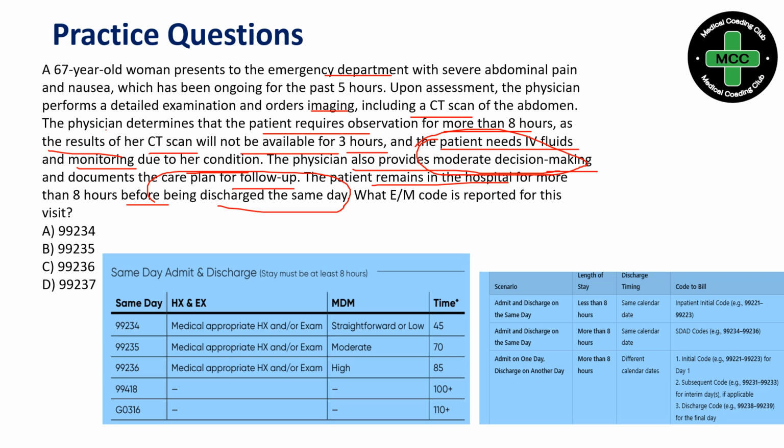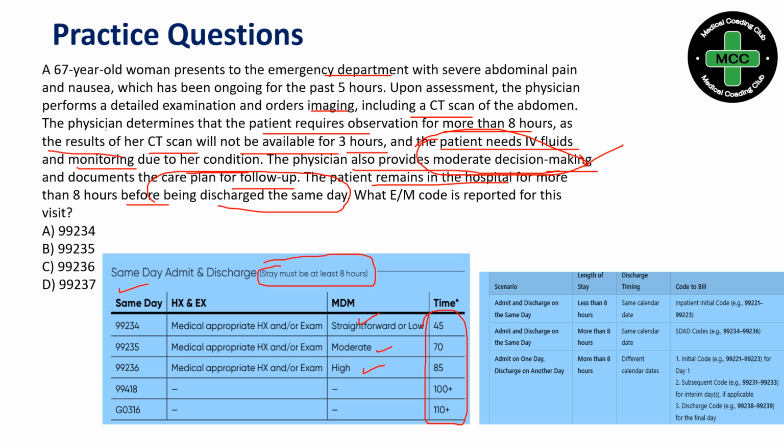So these are the codes for same day admit and discharge: 99234 for straightforward or low, 99235 for moderate, 99236 for high level, and this is the time description. If we follow MDM for this question, they are saying moderate medical decision making, and the stay must be at least 8 hours.